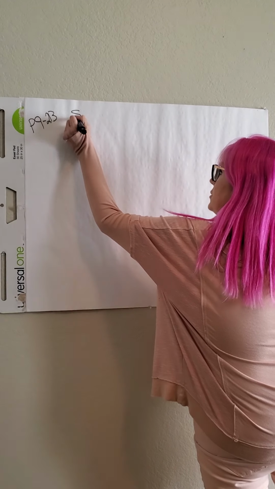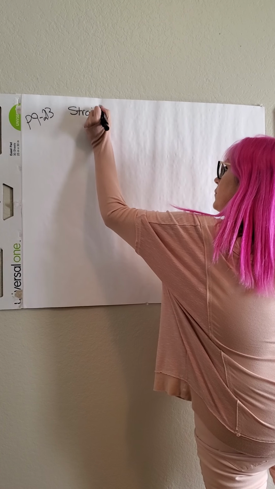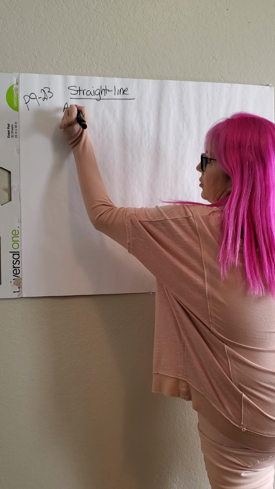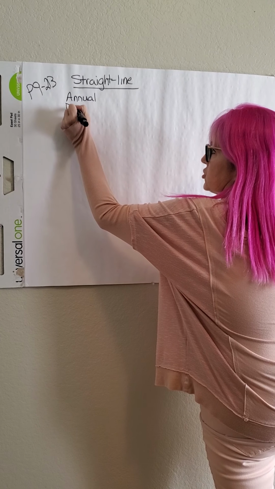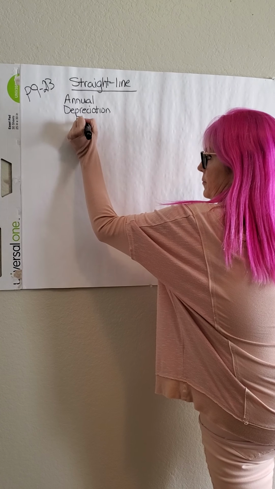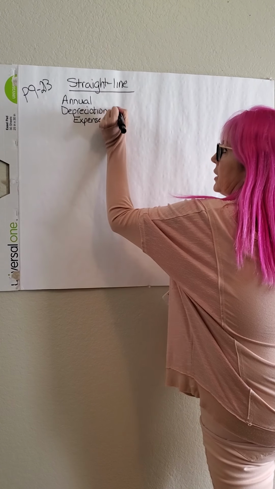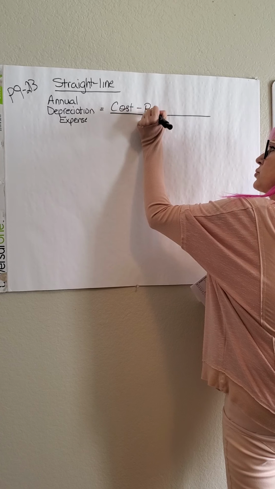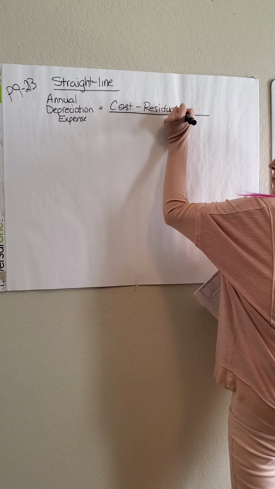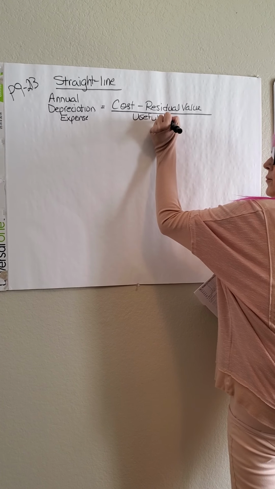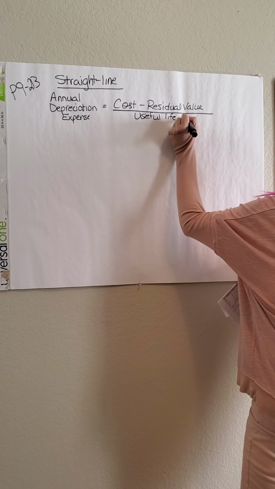So if we remember, if we're using the straight line method, to calculate the annual depreciation expense, it's going to equal, and we calculate it using cost minus residual value over the useful life. And we're going to do that useful life in years.